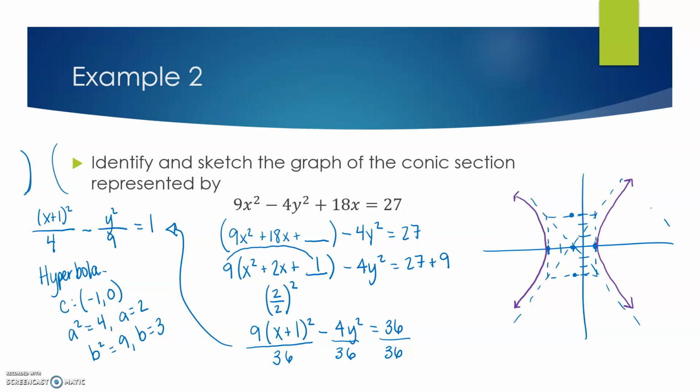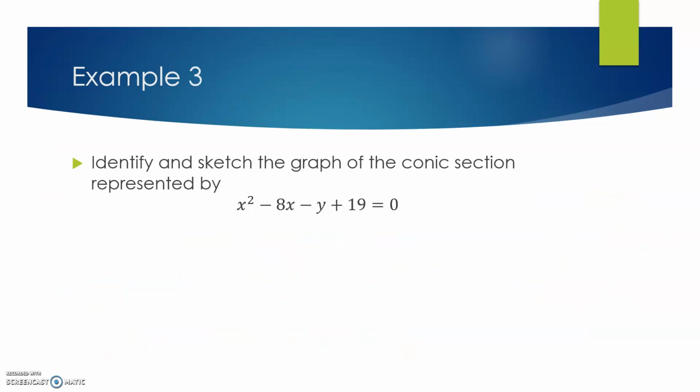All right, let's do one more. So we've got x squared minus 8x minus y plus 19 equals 0. The x's are already together, which is very nice of them to give it to us like that. So we have x squared minus 8x plus blank, so we've got 8 over 2 squared.